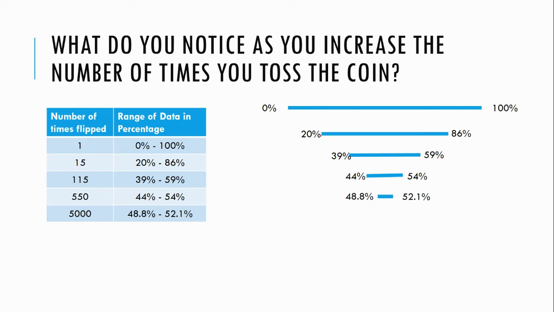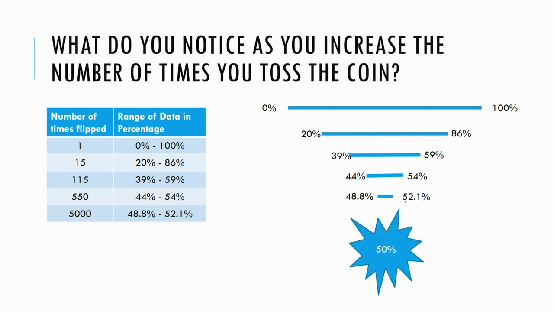When I flipped it 15 times, my percentages ranged from 20 to 86. When I flipped it 115 times, they ranged from 39 to 59. When I flipped it 5,000 times, I was at 48.8, so 49% to 52%.